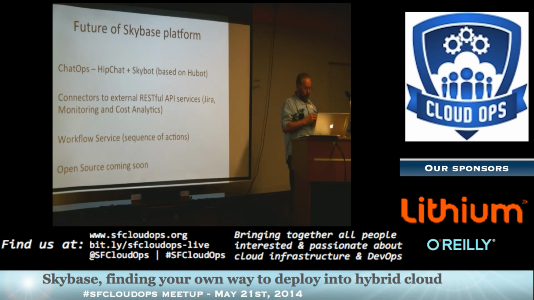The future of the Skybase platform is adding more fancy stuff and more useful simplification in front of it. Using ChatOps, which is essentially sending REST API requests from HipChat using Skybot, which is based on a bot. Adding new connectors to external RESTful APIs like Jira, where we can trigger the deployment by submitting a ticket to Jira.